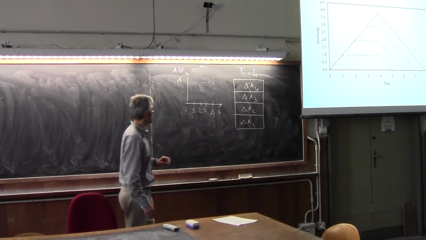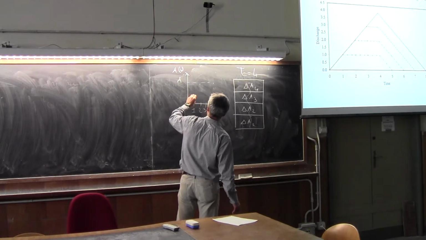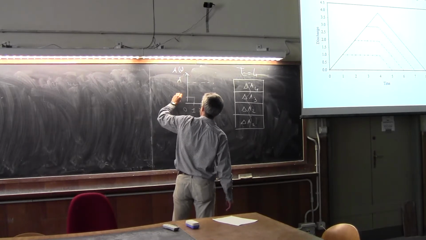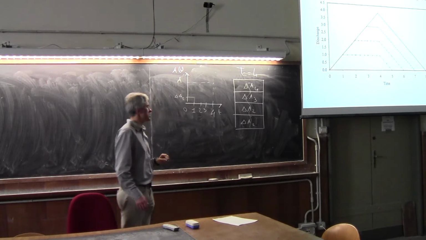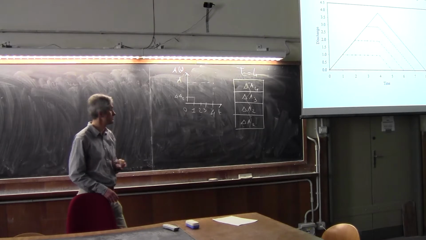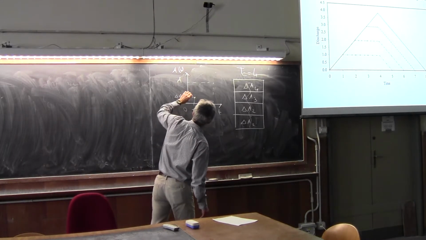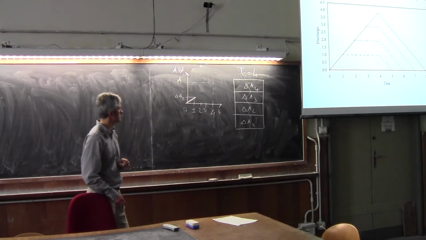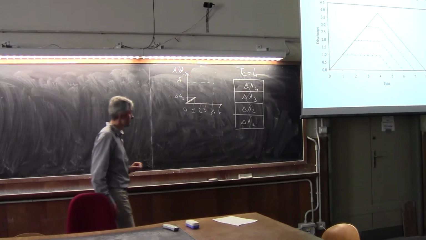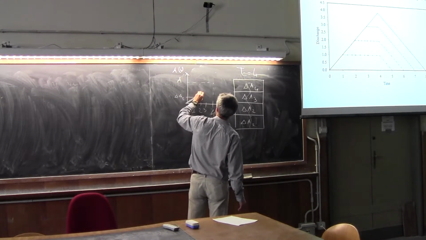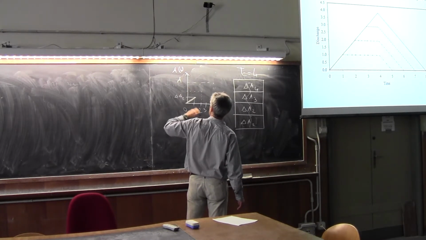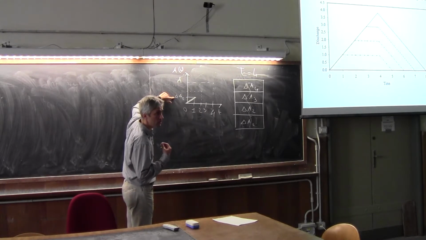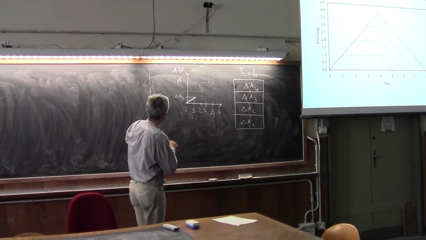Okay, after 1 hour, you get here a value of delta A1. So the curve goes from here to here. After 2 hours, you get an increment from the value of delta A1 to the value of delta A2.